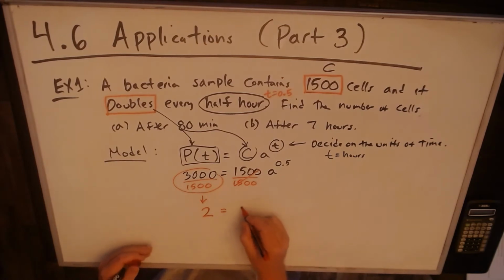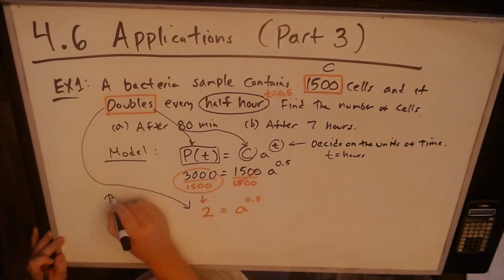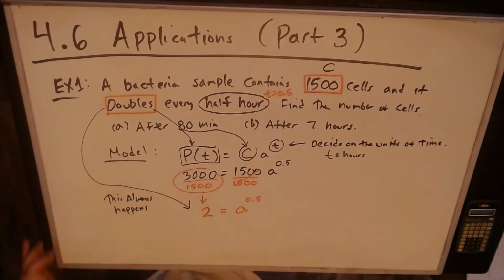So whenever you have a doubling time, this is always going to happen. You always end up with 2 over here, if it's doubling. Okay.